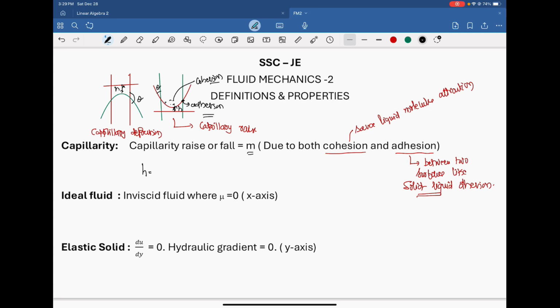For depression and rise and fall, the theta will be measured in a similar way.